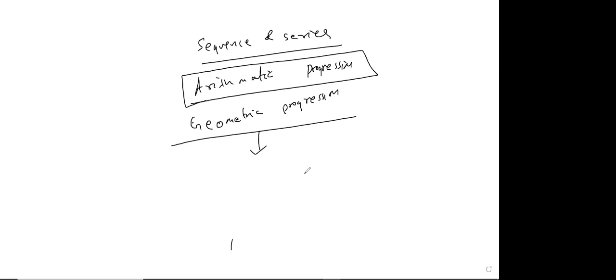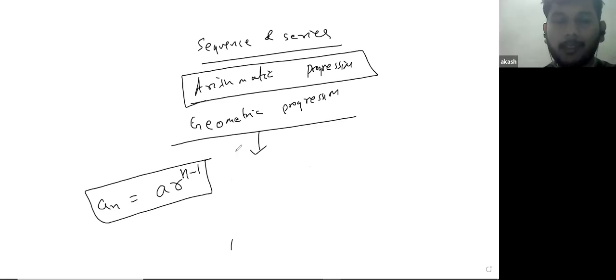Okay. The general term of a GP is An equals a r raised to n minus 1. Yeah. Right. First, please tell me what is a geometric progression? How do you define it? How do you define a geometric progression?